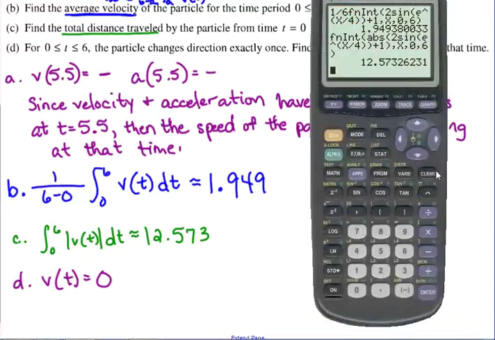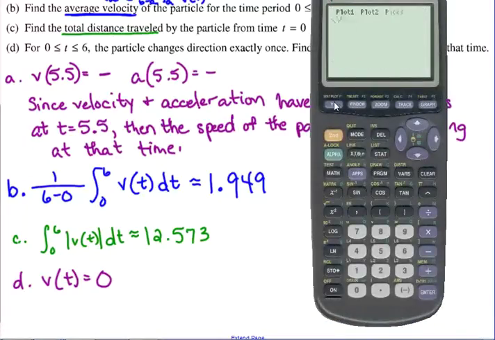Now, to be honest, the easiest way to do this would be to graph it. So let's graph the velocity function, 2 sine of e to the x over 4 plus 1. Before I graph this, I'm going to change my window because I'm only concerned between time 0 and time 6.